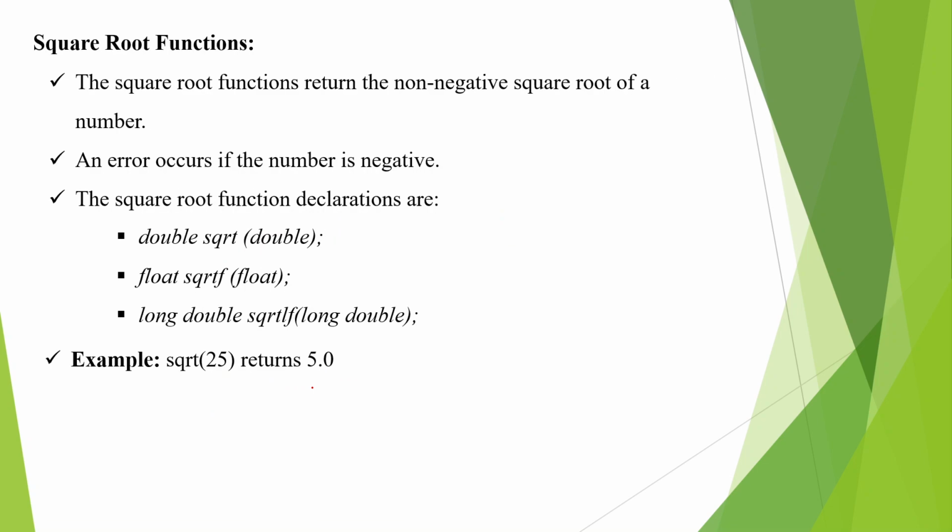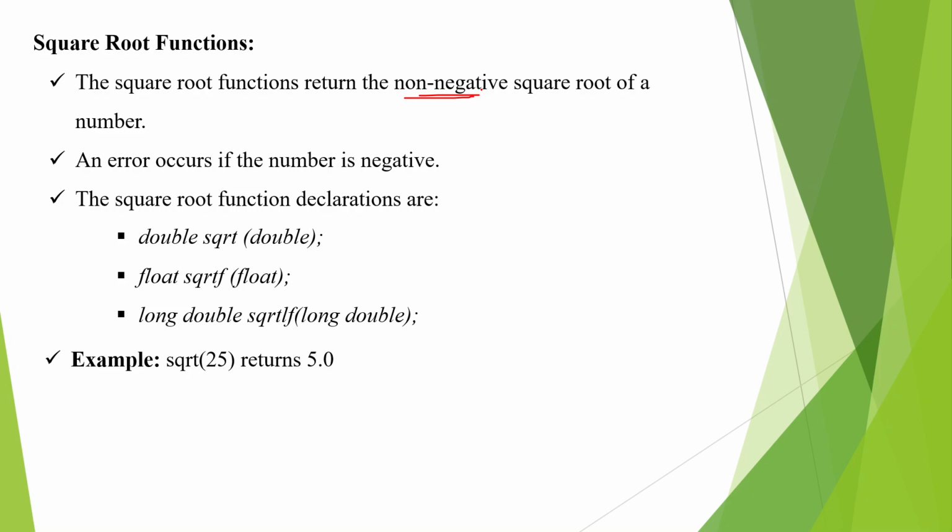Another function is the square root function, sqrt, to calculate the square root of a given value. We know that whenever we calculate the square root of a given value, the supplied value should be non-negative. What happens if we supply a negative value?